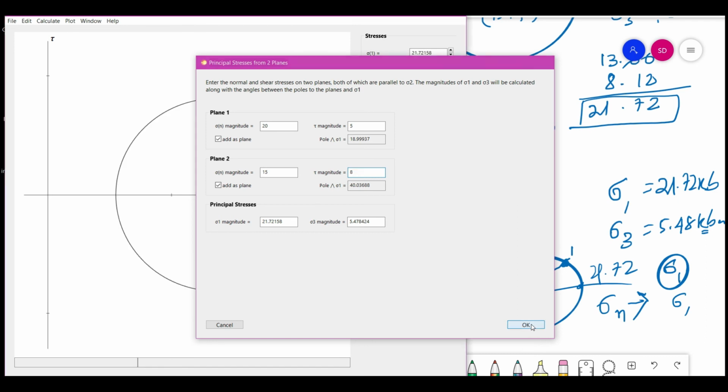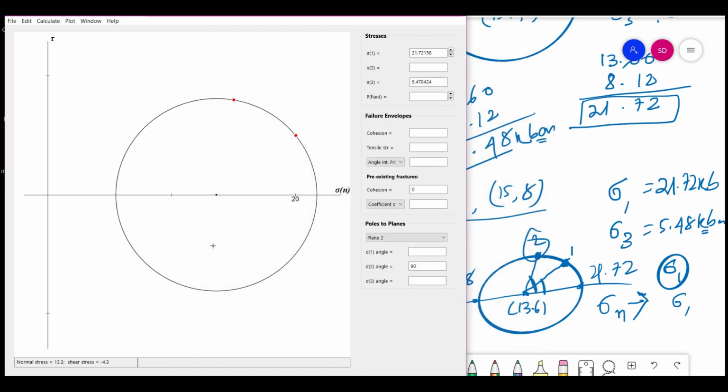If we click OK, this is our Mohr circle, with plane number 1 at 20 and 5 and plane number 2. If we draw the construction lines, this angle is 2 theta for plane number 1, and this angle is 2 theta for plane number 2.